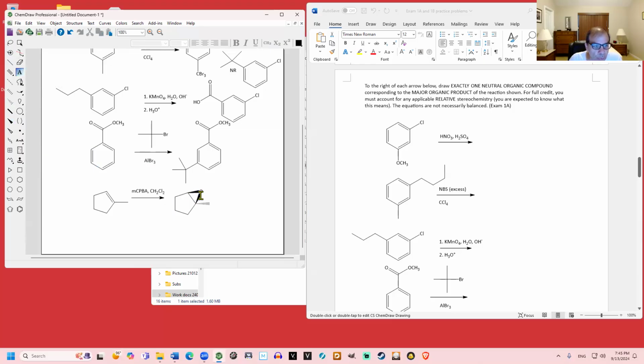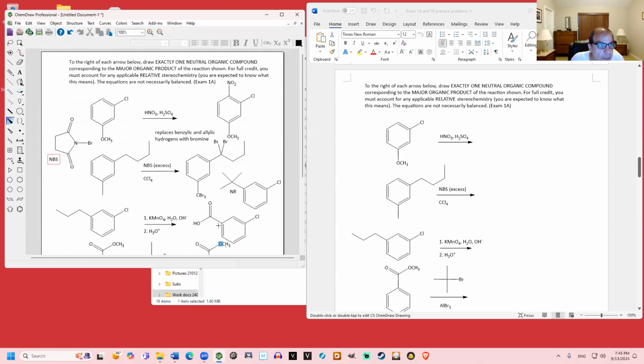You could also draw these 2 wedge bonds as dot bonds, but either answer is acceptable. You can make these two wedge bonds dot bonds, and that dot bond a wedge bond. That's just the other enantiomer.